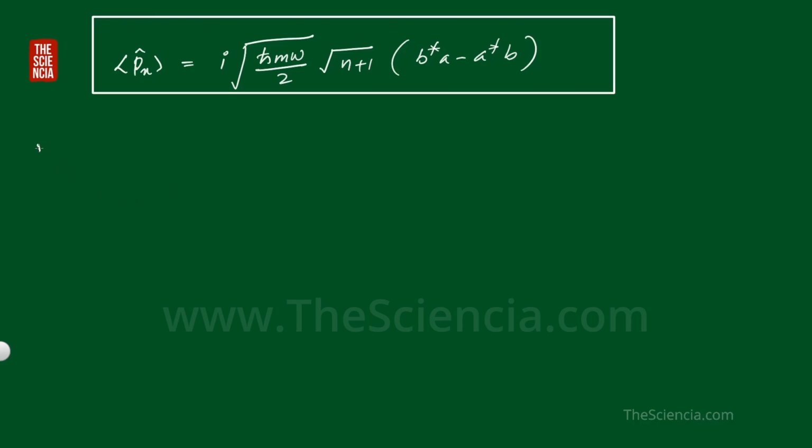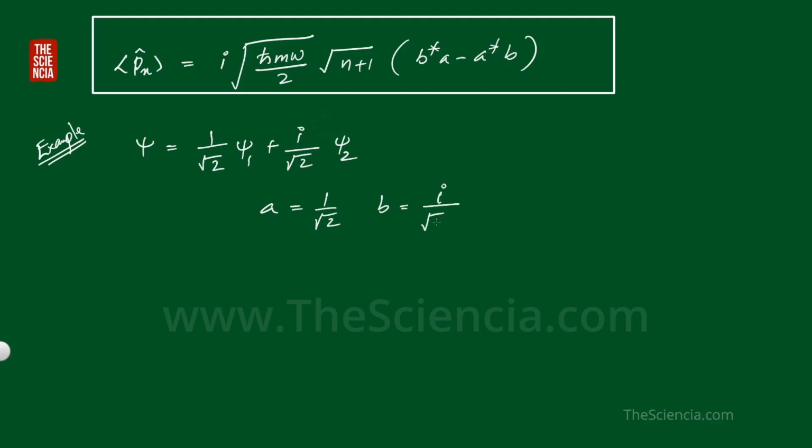Now let us consider an example problem. That is, the state psi is equal to 1 by root 2 psi 1 plus i by root 2 psi 2. That is, here A is equal to 1 by root 2 and B is equal to i by root 2, and the n value is, see, we need the n value, right?